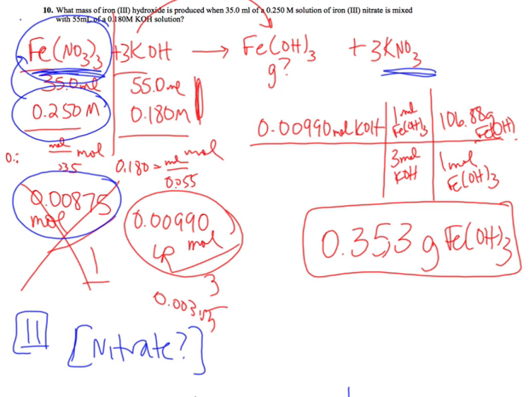Yeah, you add the 35 and 55 together because this is how many moles of nitrate that we have in that dimensional analysis that were in already 35 mils. But what did we do to it when we mixed?